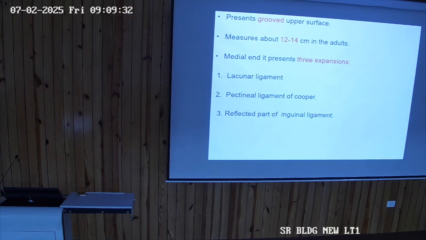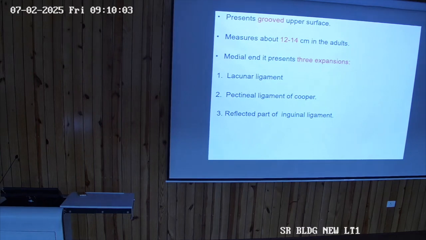They are the lacunar ligament, the pectineal ligament of Cooper, and one more, the reflected part of the inguinal ligament. Actually, in the inguinal ligament, thickened fibers are present. Some of the fibers might be extending to nearby structures, and they are forming these three extensions: lacunar ligament, pectineal ligament, and the reflected part of the inguinal ligament.